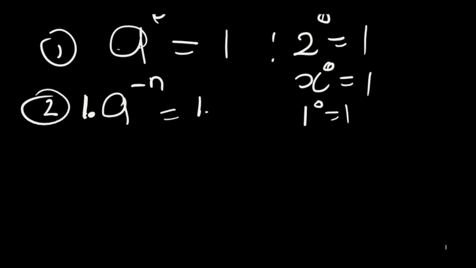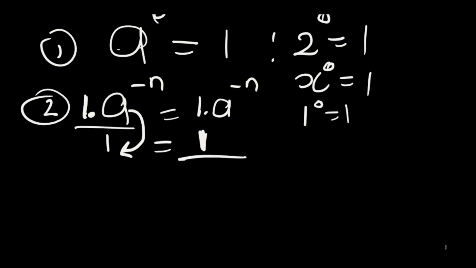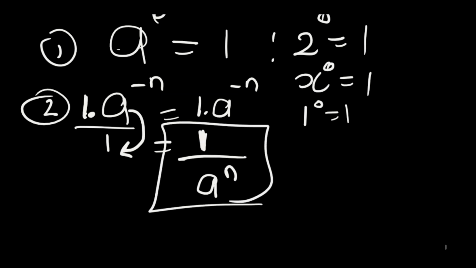So this one will remain, right? Because it's multiplying the a to the power of n. Let me just write. So the 1 will remain. I'm going to take, because it's over 1, remember that. It's over 1. So I'm going to take the a to the power of minus n at the bottom. So when I take it at the bottom, I'm going to have 1 over a to the power of n. So this is going to be the new form from this form here.